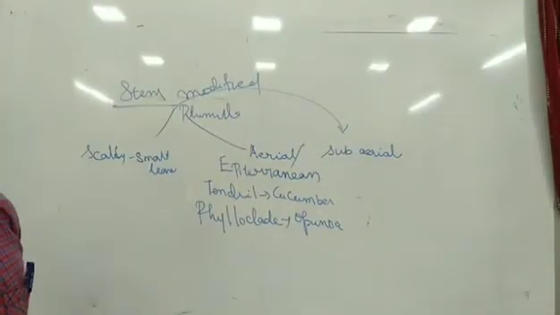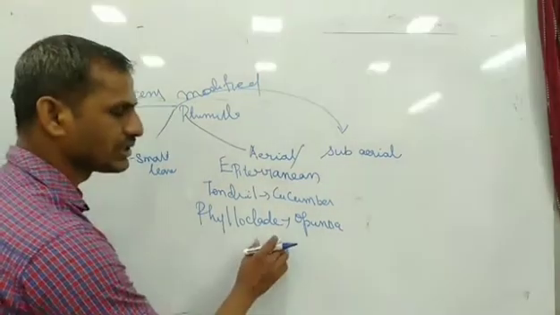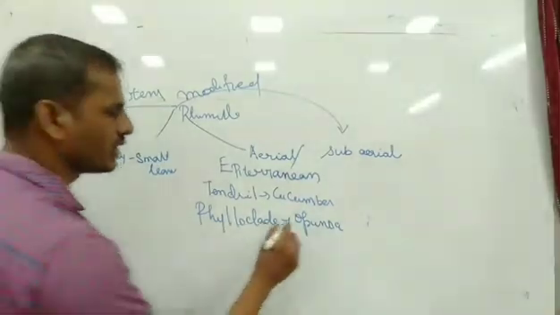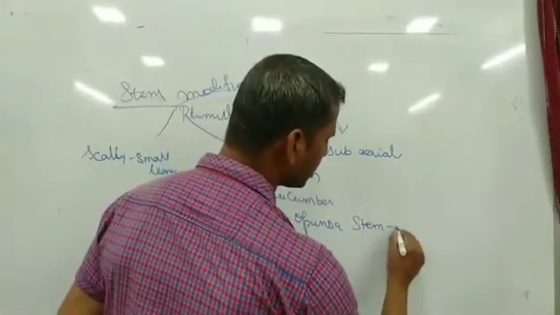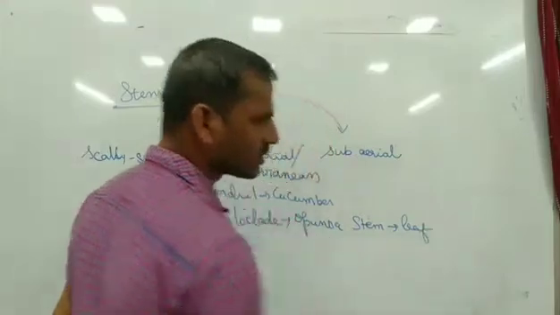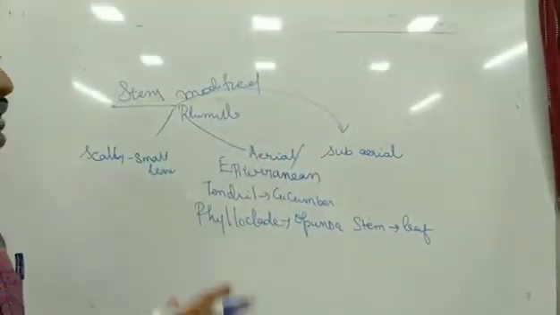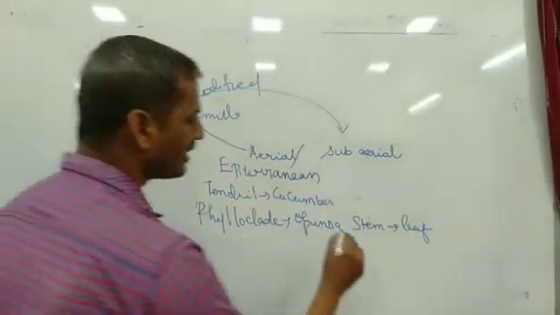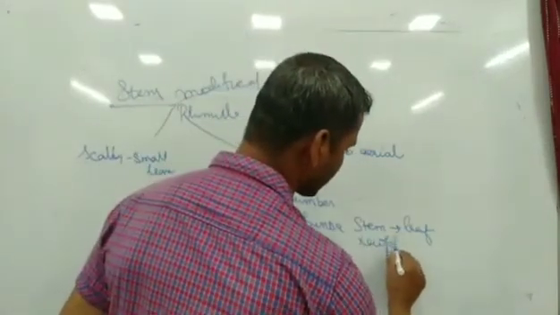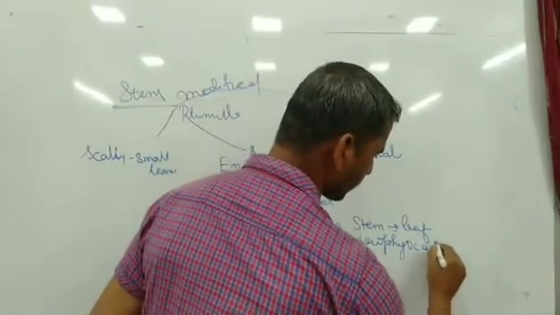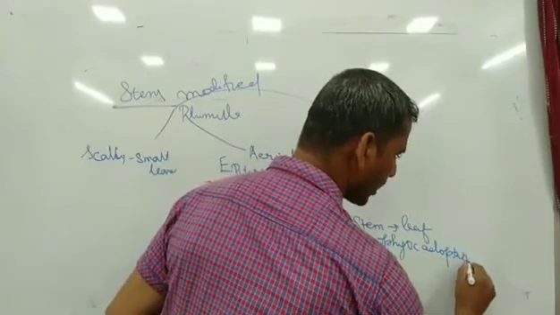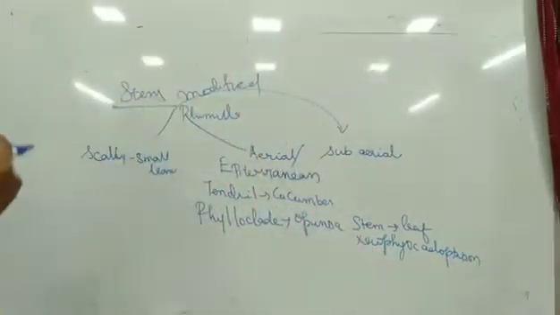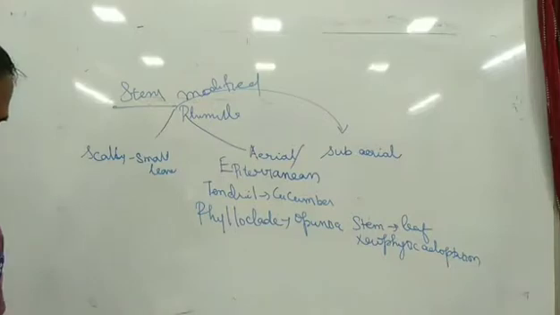This is one of the xerophytic adaptations. So tendril is common in cucumber and Cucurbitaceae family members, and phylloclade is present in Opuntia.